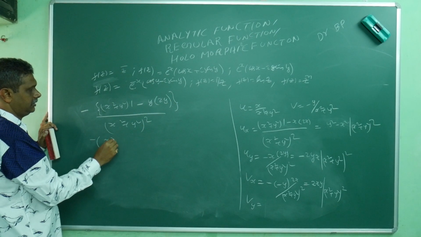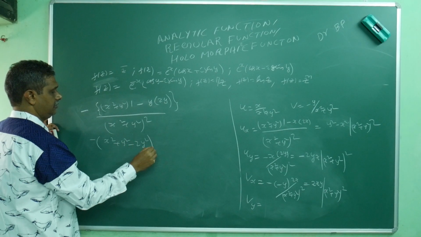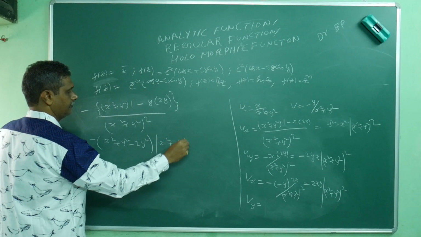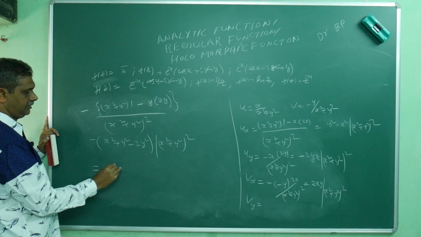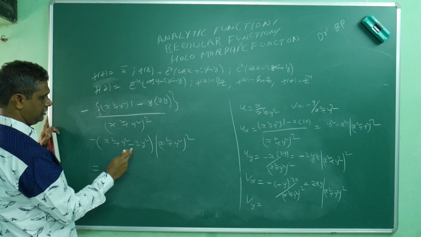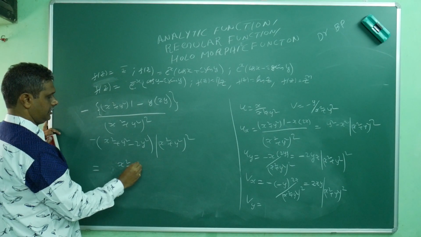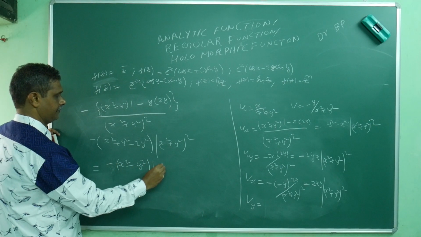Minus of x square plus y square minus 2y square by (x square plus y square) whole square. Again this is what? y square minus x square, and minus is there.